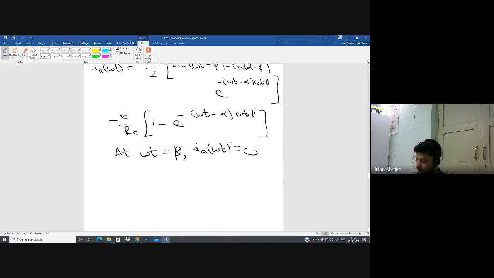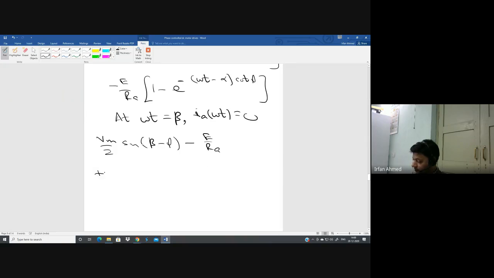So if we substitute that, what you get is Vm by Z sine beta minus phi minus E by Ra plus E by Ra minus Vm by Z sine alpha minus phi e to the power minus beta minus alpha cot phi is equal to 0.